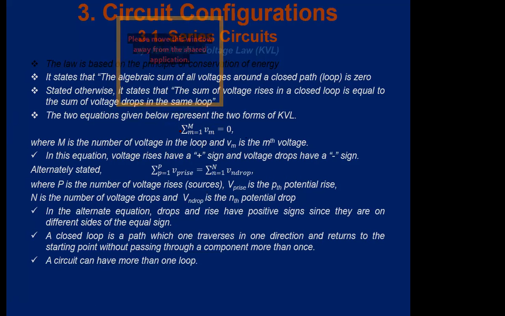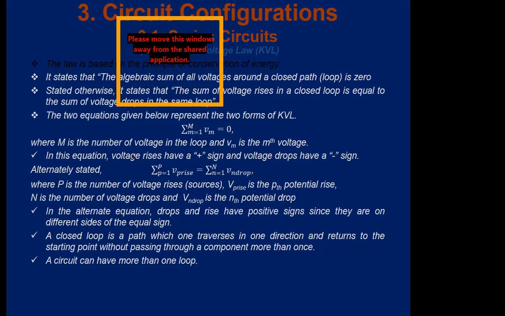So we can say the sum from m equals 1 to M of voltages, Vm, is equal to 0. M is the number of voltages in the loop, and Vm is the mth voltage.